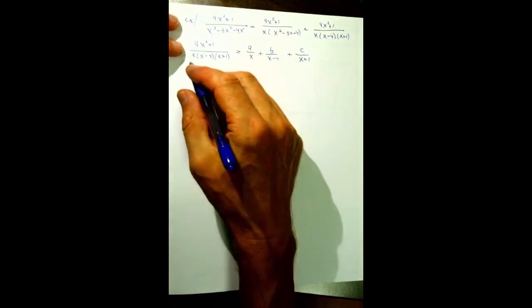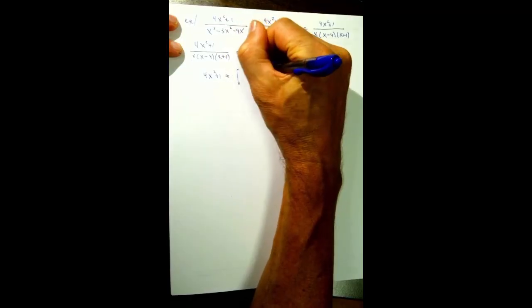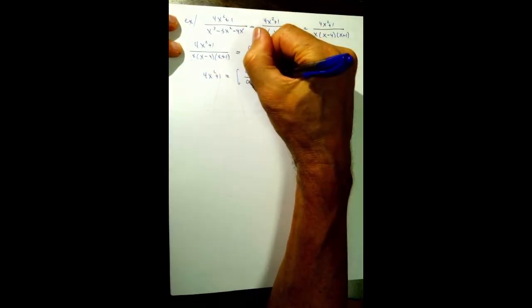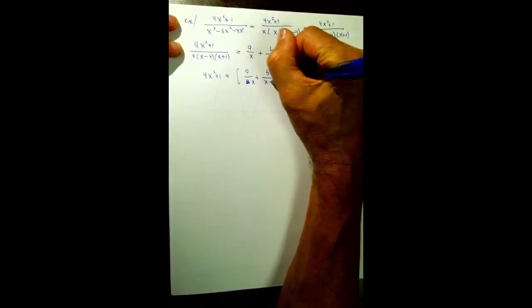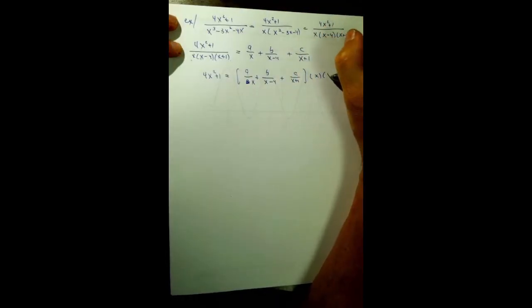So now if I multiply both sides by this denominator, I get the numerator, which is 4x squared plus 1. On the right, I have a over x plus b over x minus 4 plus c over x plus 1, all times this denominator, which is x times x minus 4 times x plus 1.